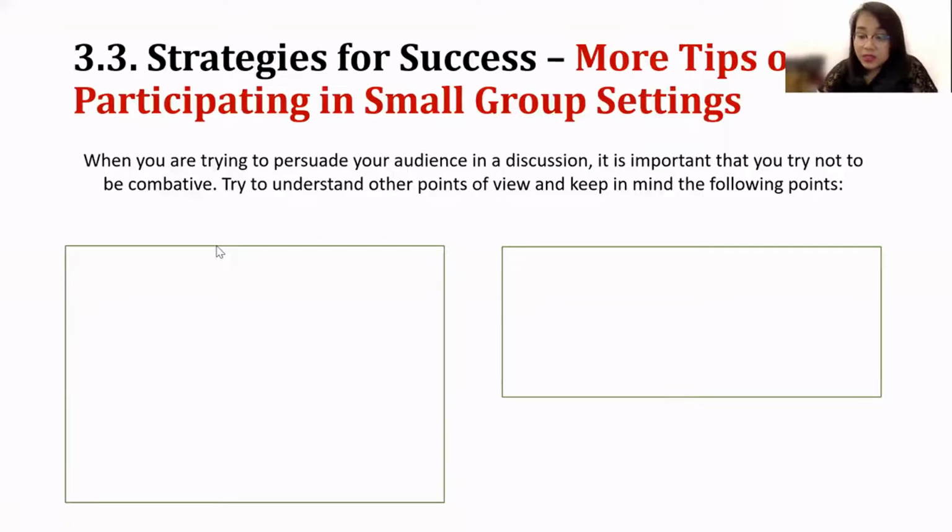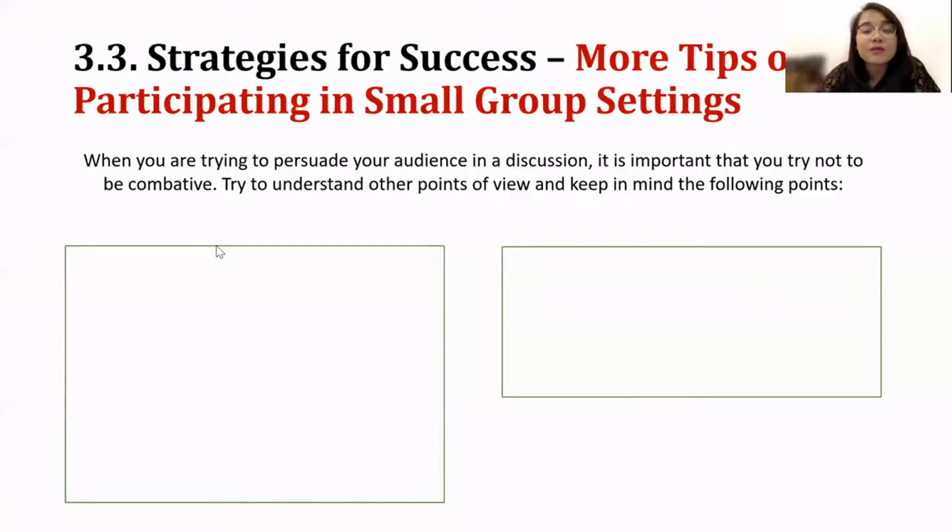When we are in a group discussion, we need to keep reminding ourselves that other people may have different points of view. We have to understand and respect that, because we also want other people to respect and understand our points of view, right?